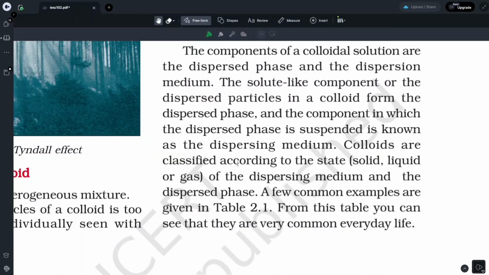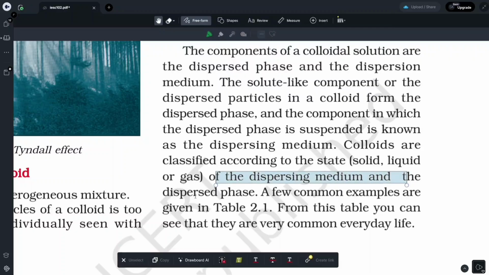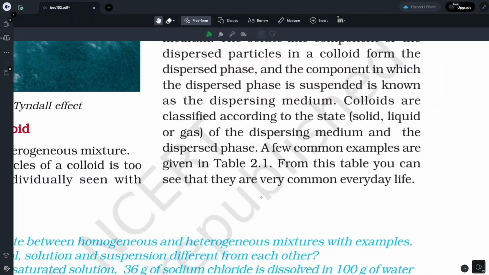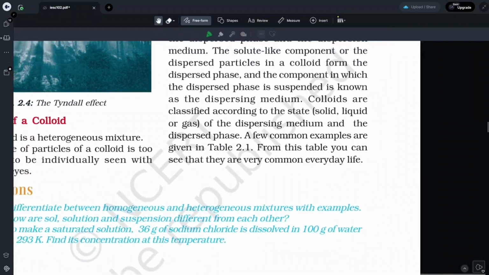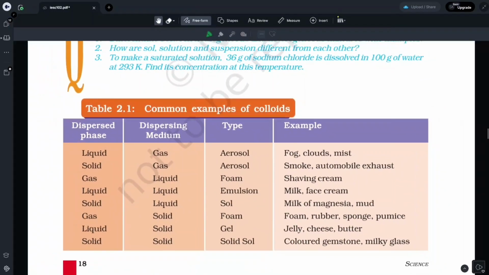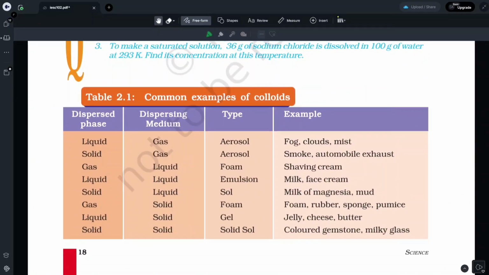Colloids are classified according to the state, solid, liquid or gas, of the dispersing medium and the dispersed phase. A few common examples are given in Table 2.1. From this table you can see that they are very common in everyday life. So pause the video and check out the table for better understanding.